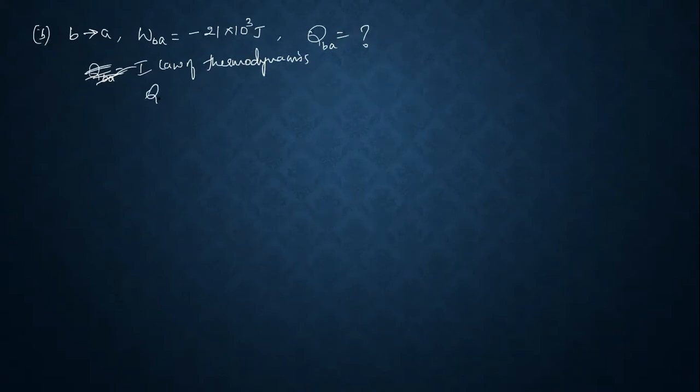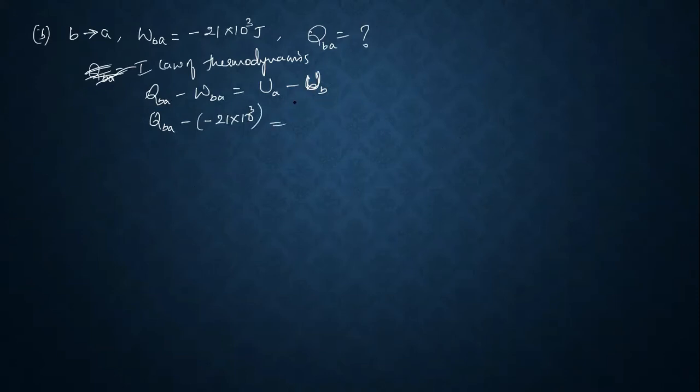Therefore, Q_BA minus W_BA equals U_A minus U_B. So Q_BA I have to find, minus W_BA, minus of 21 into 10 to the power of 3.